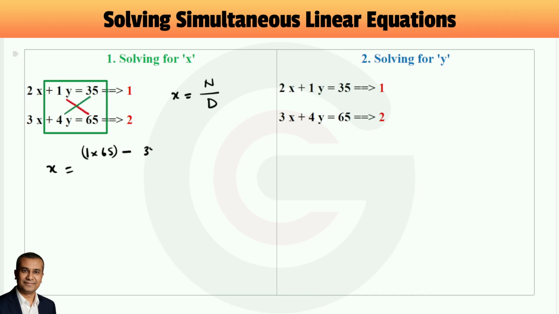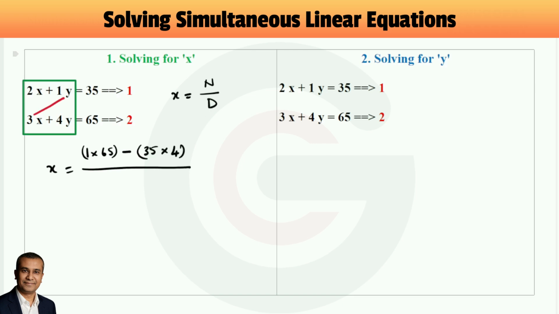That is 35 into 4 divided by, next we have to cross multiply these two numbers for the denominator, that is 1 into 3 minus 2 into 4.